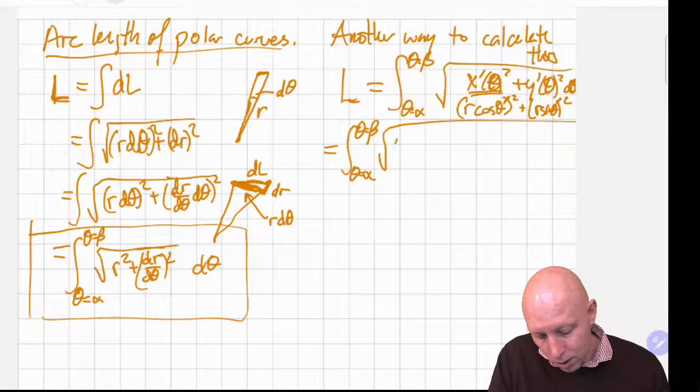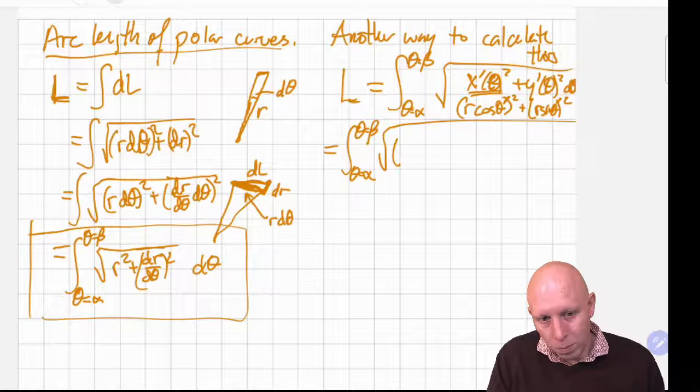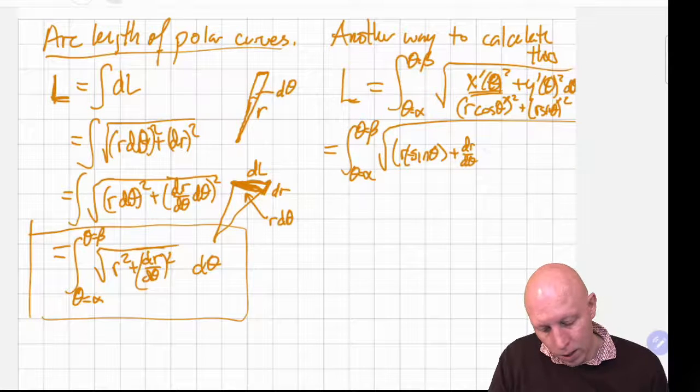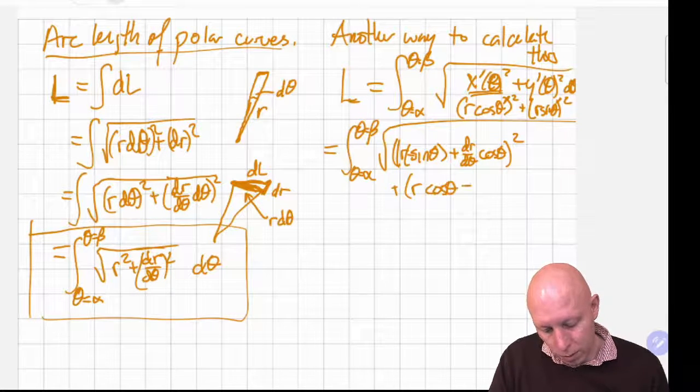It's the first times the derivative of the second, which is negative r sine theta, plus the derivative of the first, dr d theta, times the second, cosine theta, squared, plus r sine theta's derivative, r cosine theta, plus dr d theta times sine theta, squared.